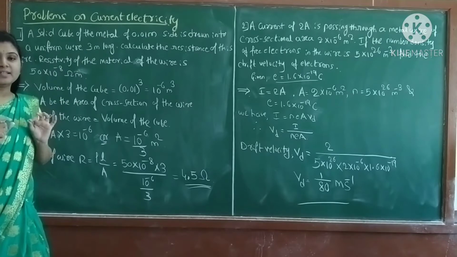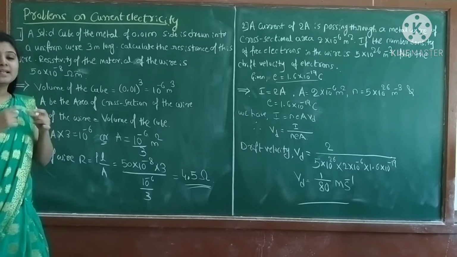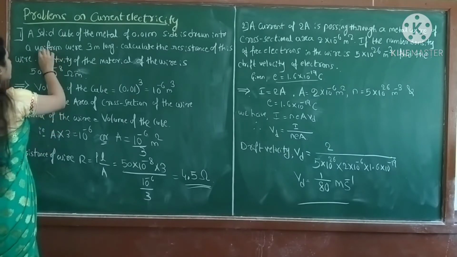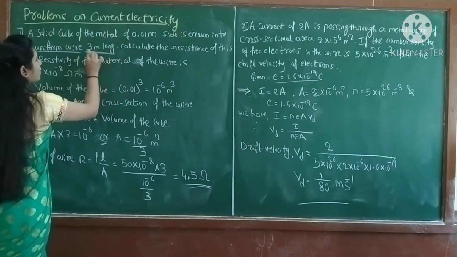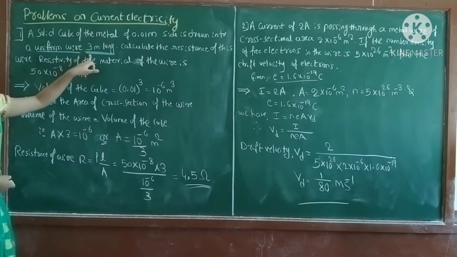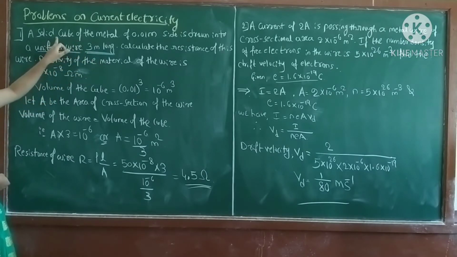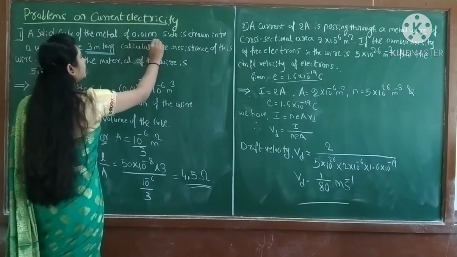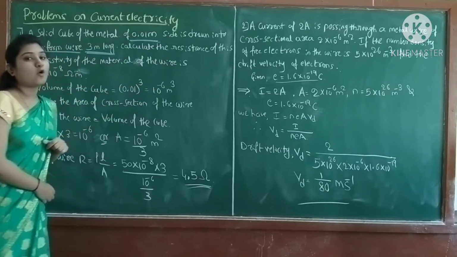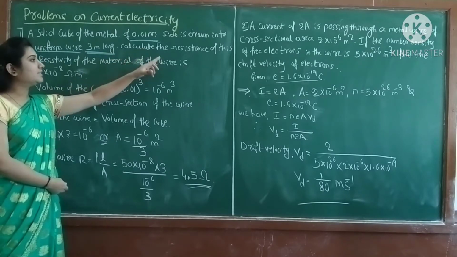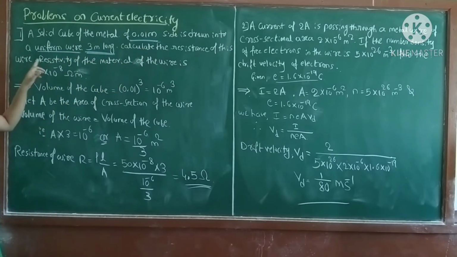So they are considering one cube that is drawn into a wire of length 3 meters. The volume of the cube is given. Calculate the resistance of this wire.